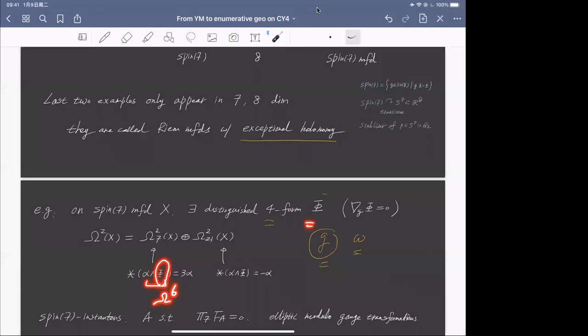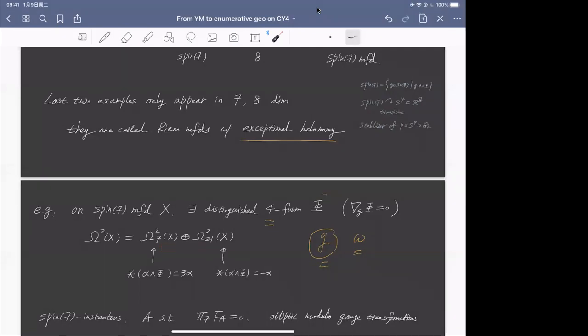Then we apply the Hodge star operator, so this goes back to 2-forms. It makes sense to equate these with the original 2-forms, up to some scaling. The other equation can be understood in a similar way: you just wedge, take the star, and put a minus sign here.